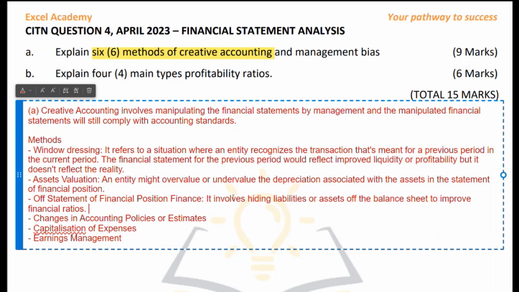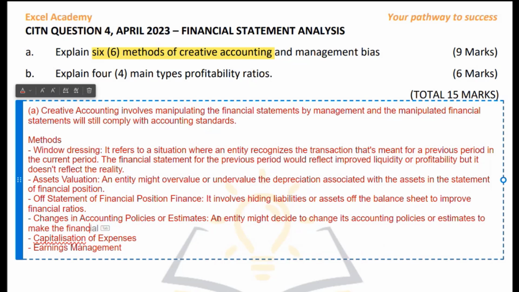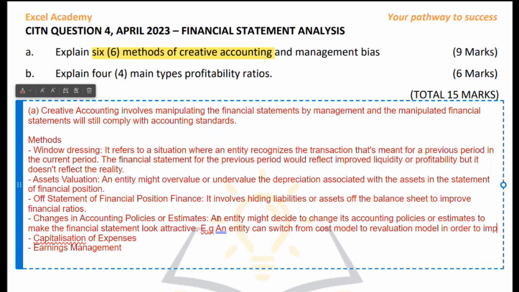So now let's look at the changes in accounting policies or estimates. An entity might decide to change its accounting policies or estimates to make the financial statement look attractive. For example, an entity can switch from the cost model to the revaluation model under IAS 16 in order to improve the gearing, or to change the depreciation of the asset.